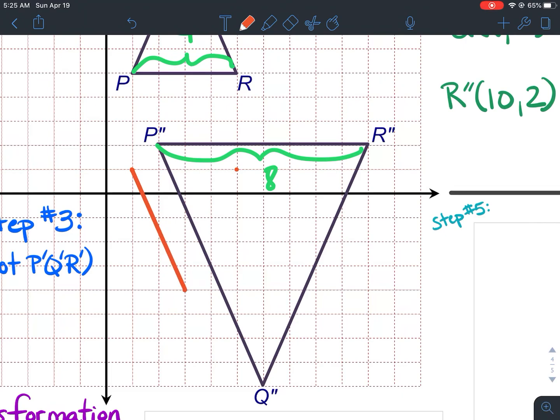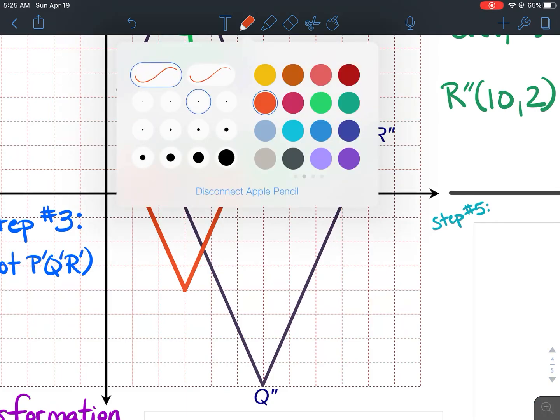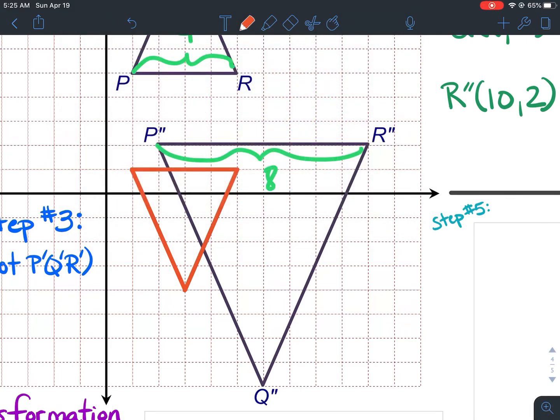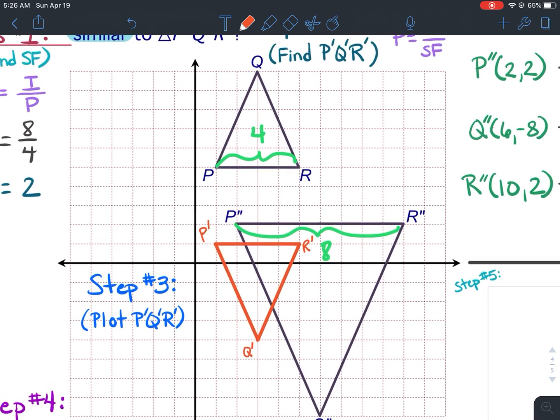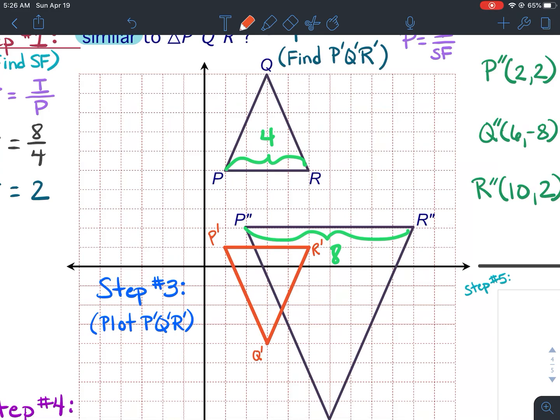Make sure when you connect them, your lines are straight. Okay, if I label this, this would be P prime, Q prime, and R prime. All right, so that is step 3. Make sure you pause your video and get all of that written down.